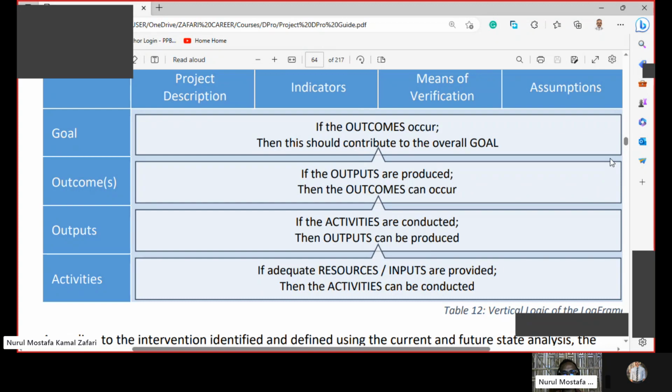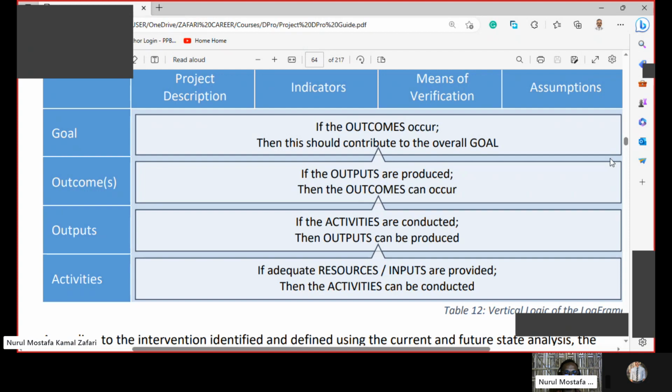Then the means of verification, MOV. In some cases, we replace this term with SOI, source of information. Then assumptions. So these are the vertical logics.